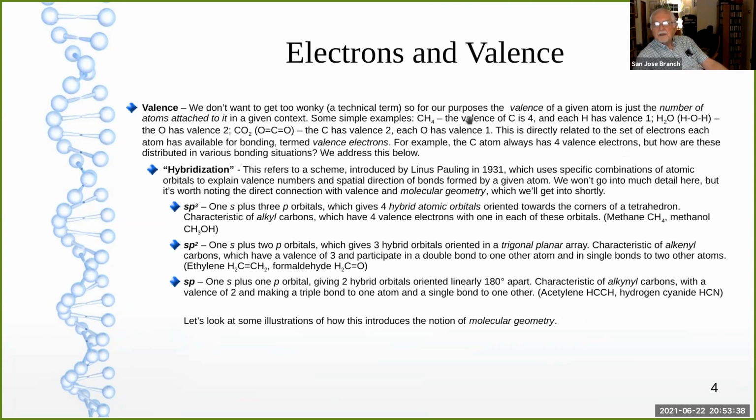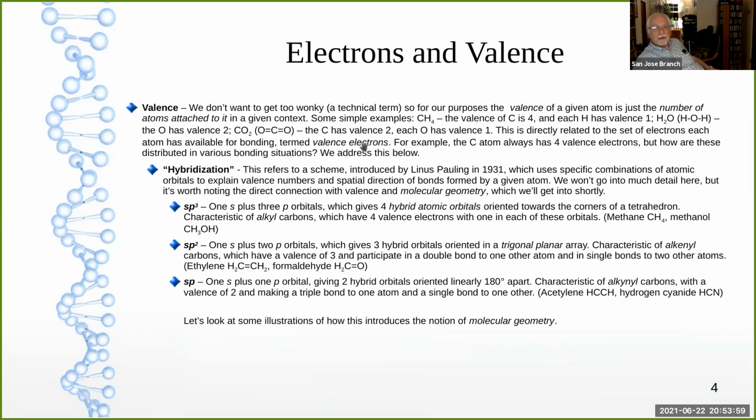Oh no, sorry, the valence varies. That's what I was trying to get at. So the carbon here has a valence of 2, but in the methane molecule, it's got a valence of 4.